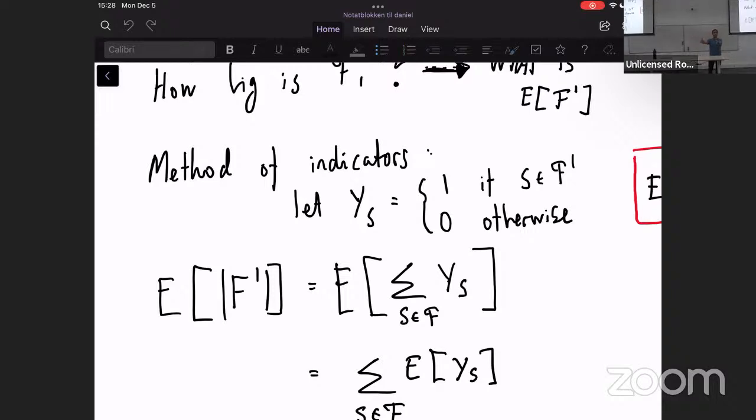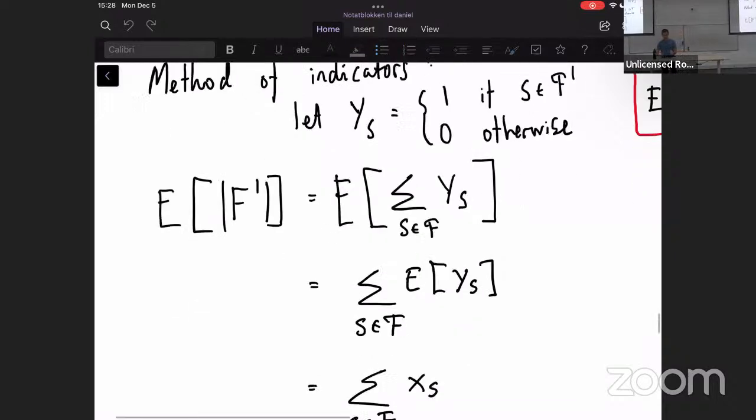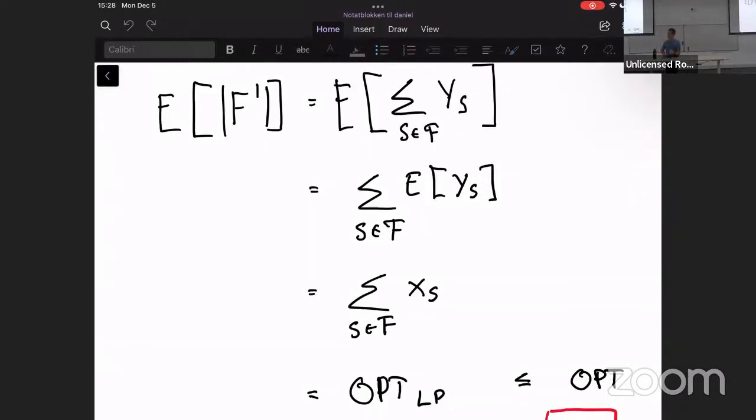Which means that the expected size of your family is the expected sum of the indicator variables, which is the sum of the expectations, by linearity of expectation. Maybe you're starting to appreciate the dark magic now. And now the question is, what is the expectation of each one of these random variables? YS is 1 if I put the set in the family, and 0 if I didn't.